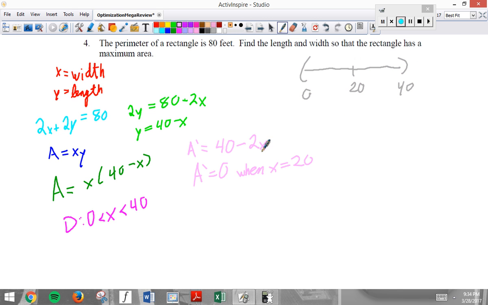Between 0 and 20, we're talking about like 10, positive. After 20, like 30, so negative. Meaning 20 is a maximum. X equals 20. Y equals 20. I told you it would be a square.